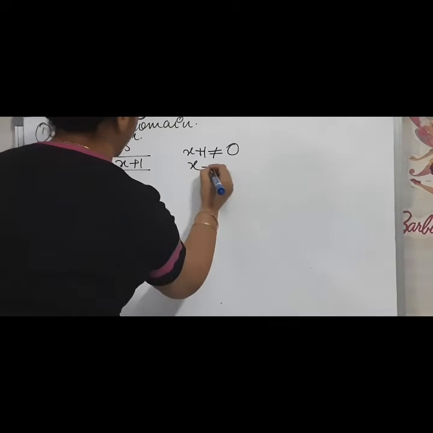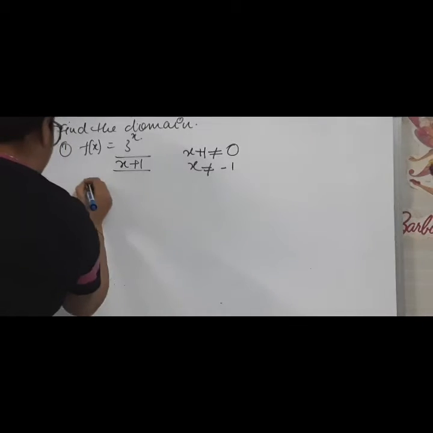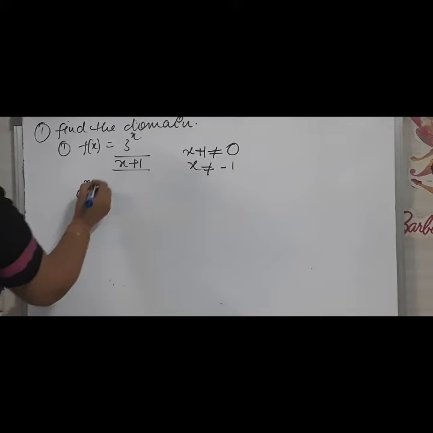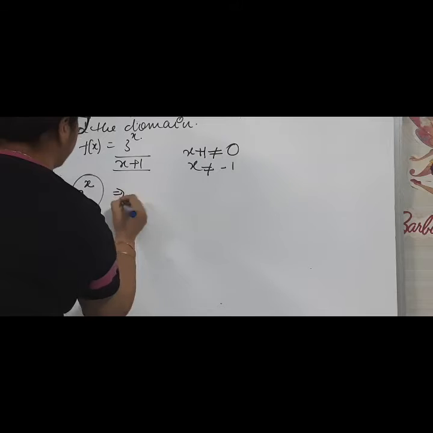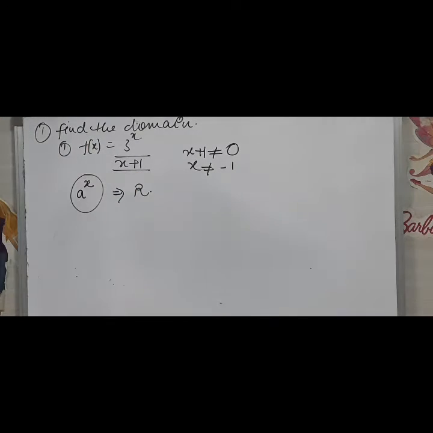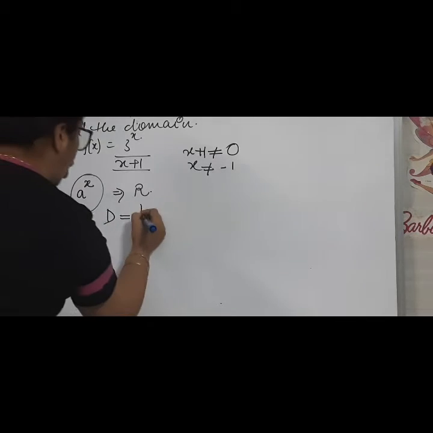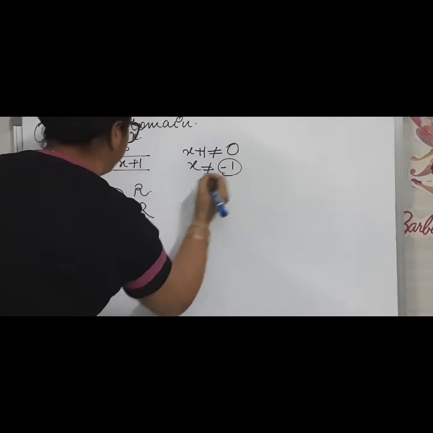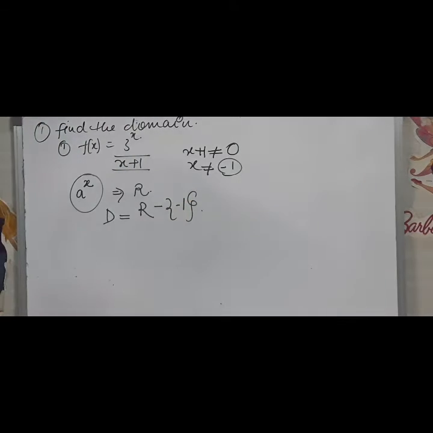Now I am getting x is not equal to minus 1. But we did earlier that for a to the power x type of function, the domain will be all real numbers. So what will happen for the domain of this function? All real numbers except minus 1. I got my domain. Understood?